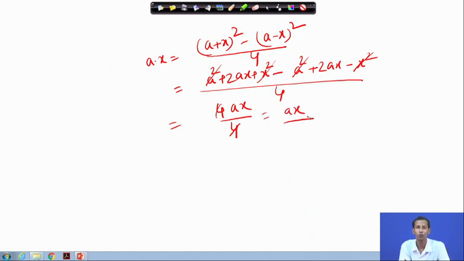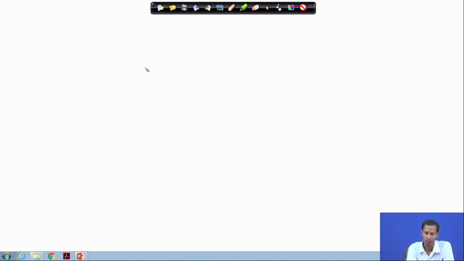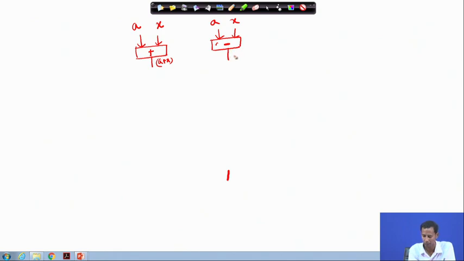So, if I want to draw this particular circuit, what will be its architecture? If this is a, this is x. In one particular case I have to generate a plus x. Then I will have another circuit which is minus, which gives me a minus x.